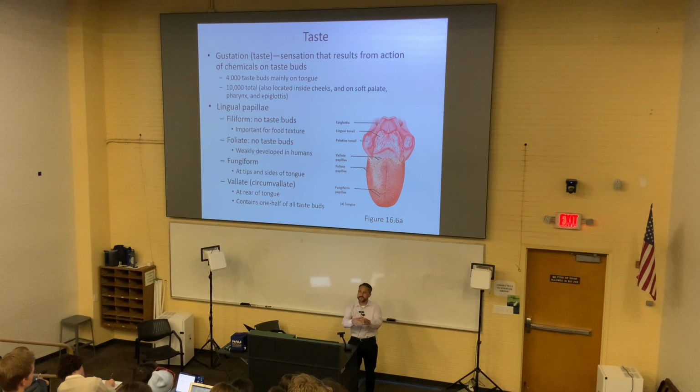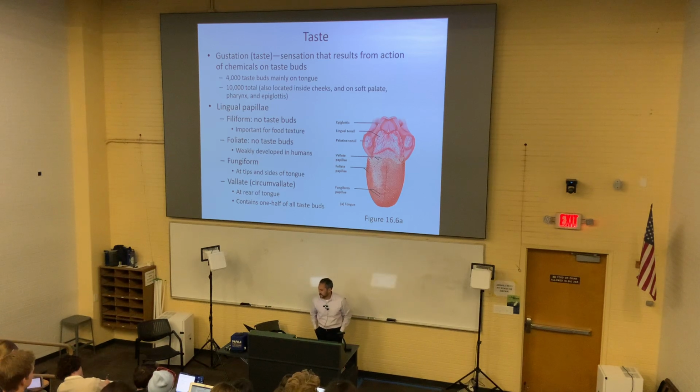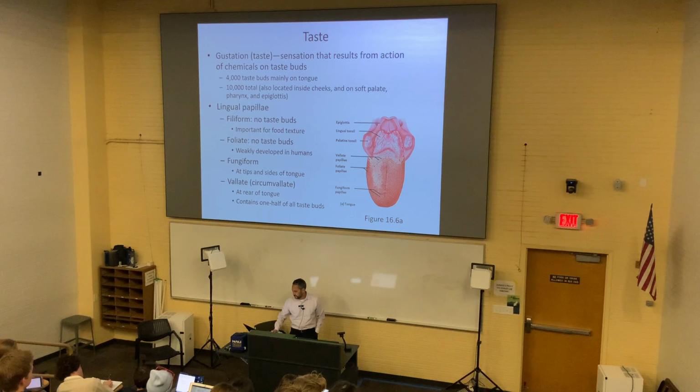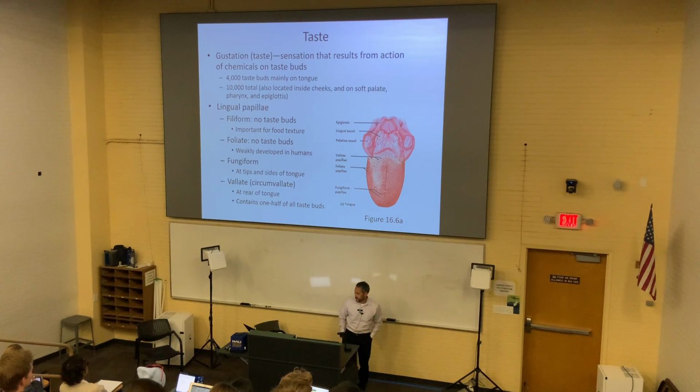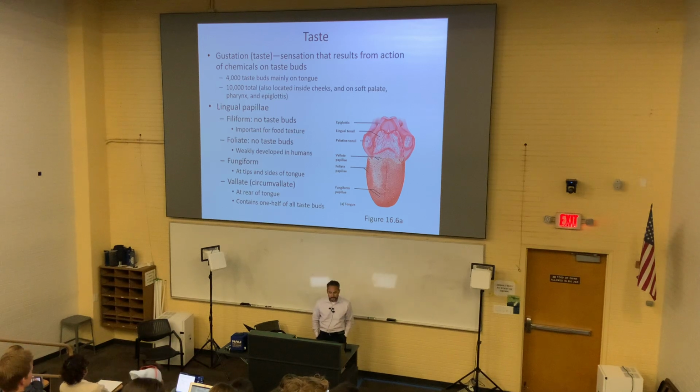Like a mushroom. Yeah, like a fungus. So they're at the tips and the sides of the tongue, the fungiform. They're widely distributed, but they're especially concentrated at the tips and the sides of the tongue. Fungiform. And then vallate. Vallate actually is a word that means wall.